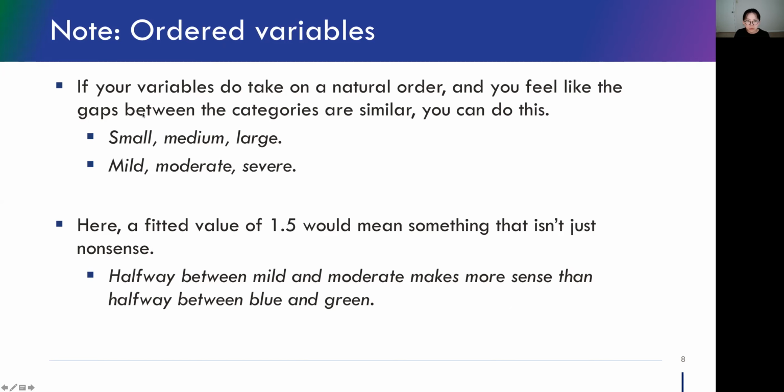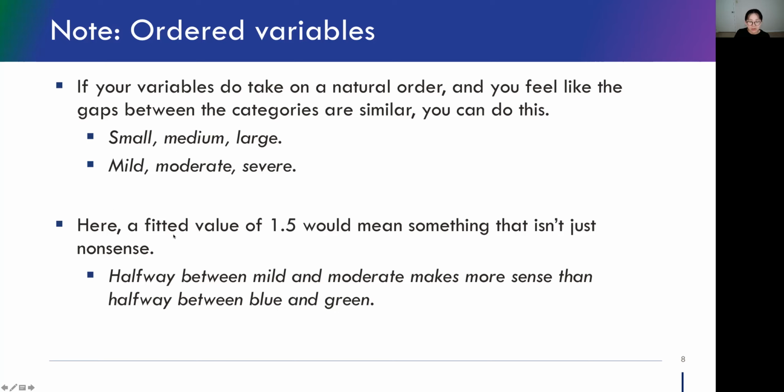Well, if you do have variables that take a natural order, and you feel like the gaps between the categories are similar, in that case, you can categorize them as small, medium, and large, where the gaps between these three categories are similar. Or you can just name them as mild, moderate, or severe. So it's acceptable to do this.